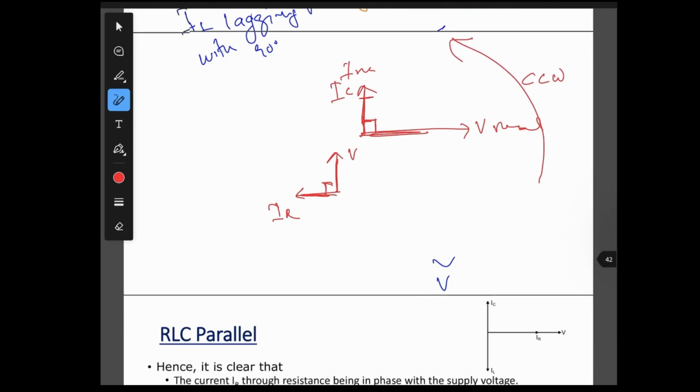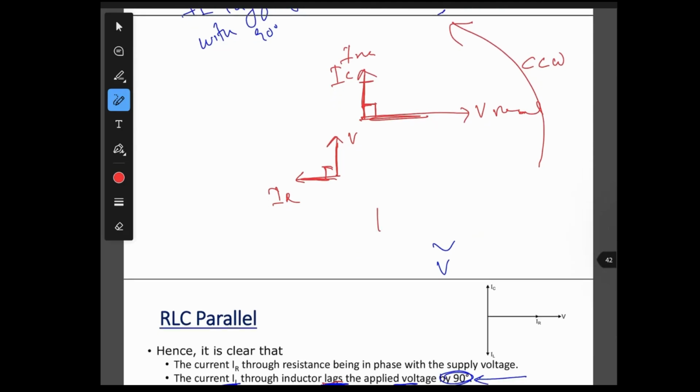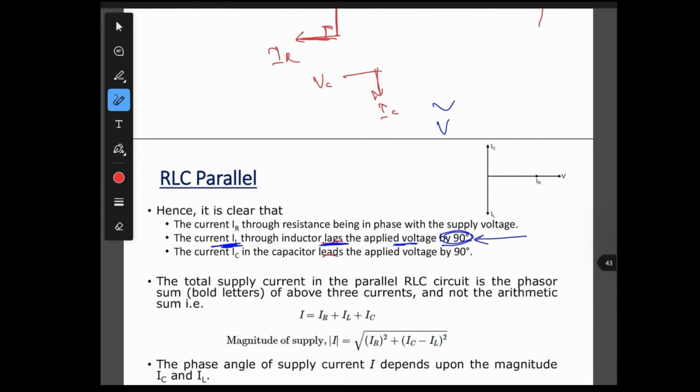Rotate again. V here, IC here. It means that IC is leading, or sometimes we can say that voltage is lagging IC by 90 degrees. Current in a capacitor leads voltage by 90 degrees.